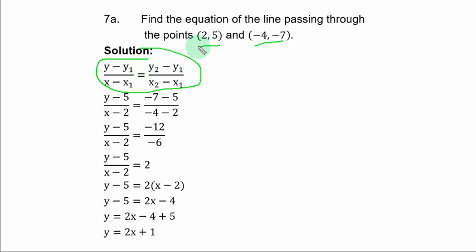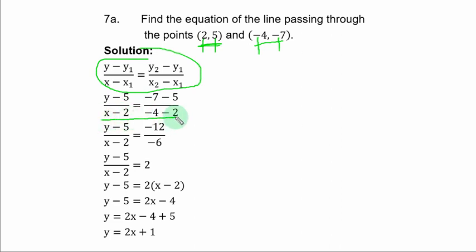From the given points, 2 is x1, 5 is y1, -4 is x2, -7 is y2. So if you insert the various figures into the formula, you have this step.